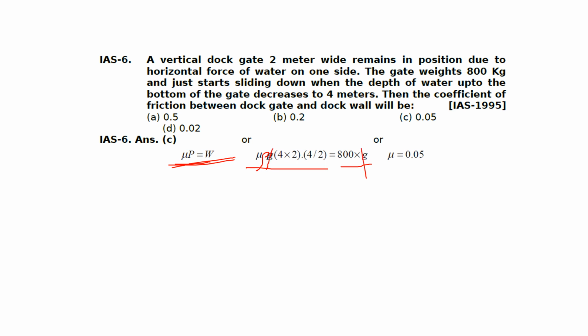The area is 4 into 2, and x bar is 4 plus 0 by 2, that is h1 plus h2 by 2. The weight is 800. So solve for mu, and you'll get 0.05. So the answer is C. We have already seen this type of question in the engineering services questions as well.